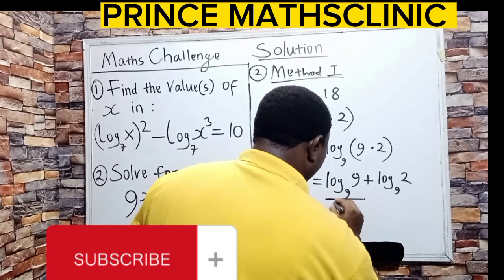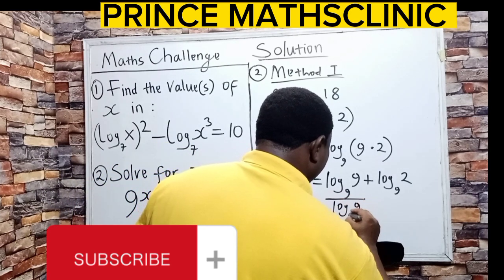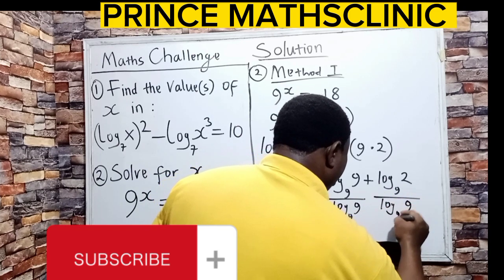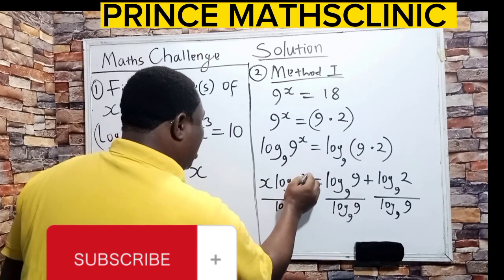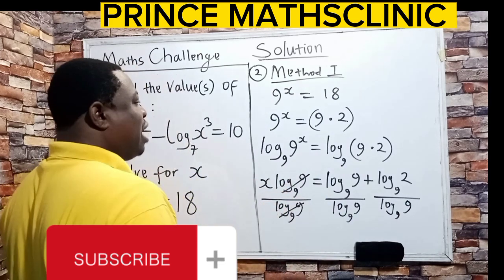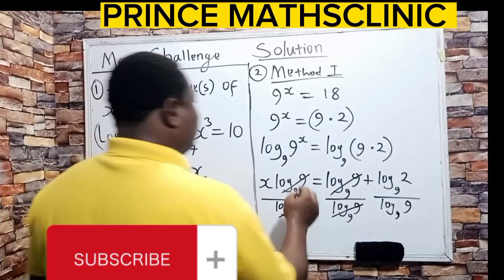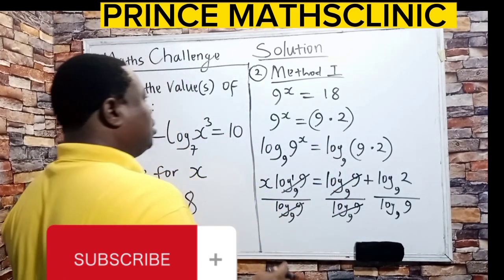So I have to divide each of the terms by log 9 base 9. Log 9 base 9 here cancels out log 9 base 9. Log 9 base 9 here cancels log 9 base 9. So here I have 1, here I have 1.